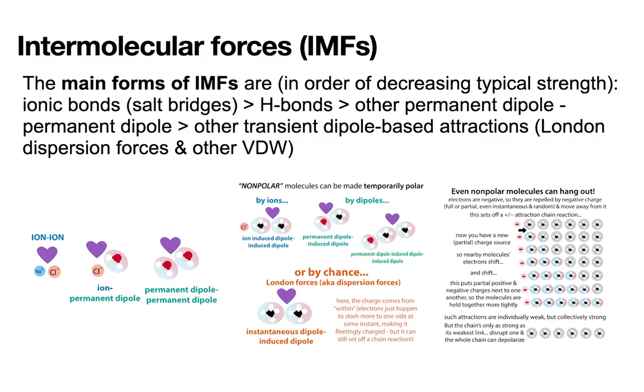So let's talk a little bit about the types of interactions that are involved in tertiary and quaternary structure formation. Now, these are almost all going to be intermolecular forces, or IMFs, those non-covalent interactions. So these are going to be mostly non-covalent. There's a single exception that we're going to talk about, and that's going to be our disulfide crosslinks.